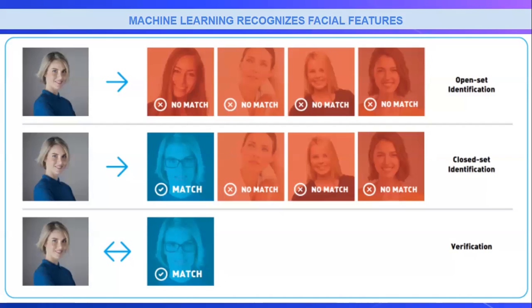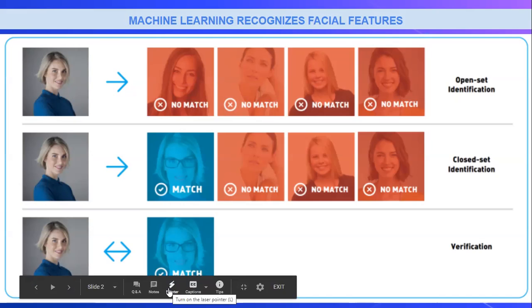Open set just basically means that the computer or the algorithm is given a picture that it doesn't know whether it belongs in the group or the pool of given photos. Basically, it doesn't know if the photo has a match or doesn't have a match in the pool of other given photos. So therefore, the algorithm would have to identify whether the given photo has a match or doesn't match, which you can see in the first row of this table.